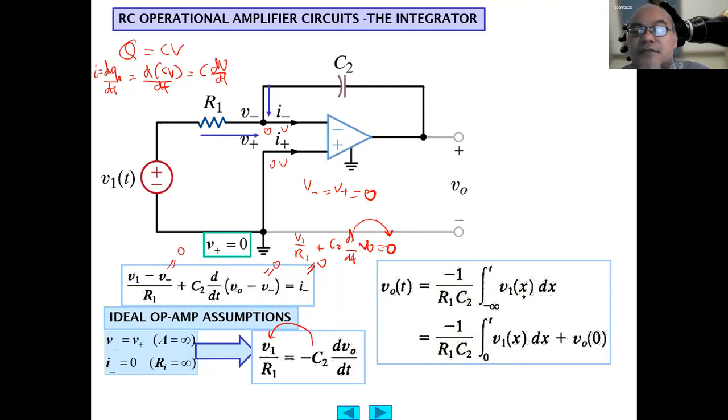We changed to a different variable of integration, from minus infinity to t.